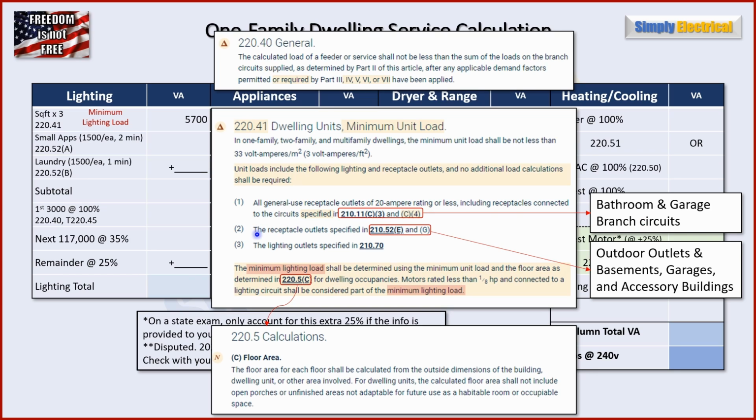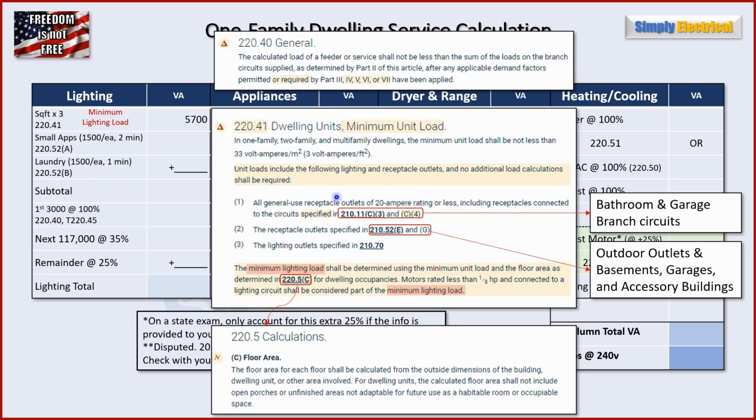Second one is the receptacle outlets specified in 210.52(E) and (G), and that's talking about outdoor outlets and basements, garages, and accessory buildings. And then the third one is lighting outlets specified in 210.70, and that's basically all the lighting outlets in the dwelling. So these three things cover everything in these unit loads.